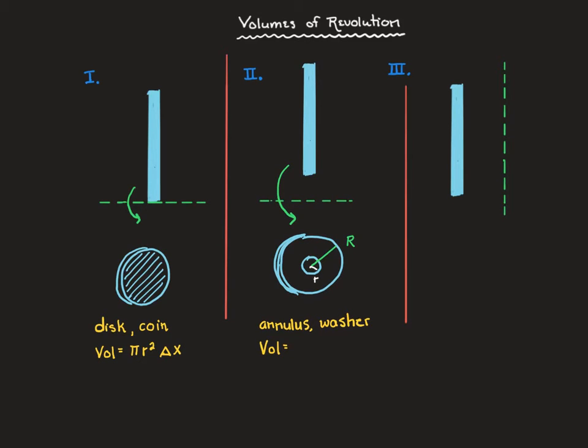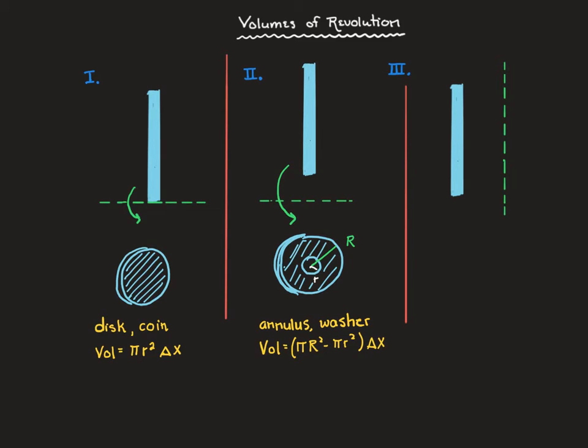So the volume is going to be the area of the big circle, pi big R squared, minus the area of the hole, pi little r squared, and that'll be the area of this annulus. And then we need to multiply by delta x, its thickness.